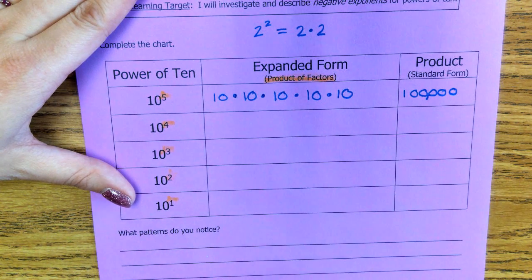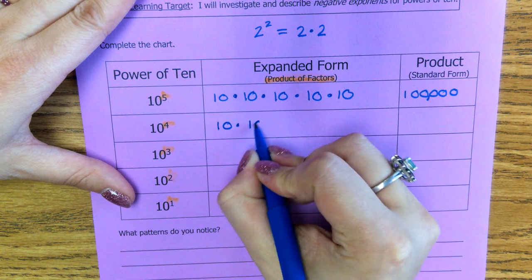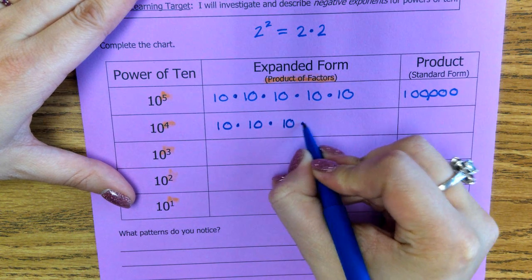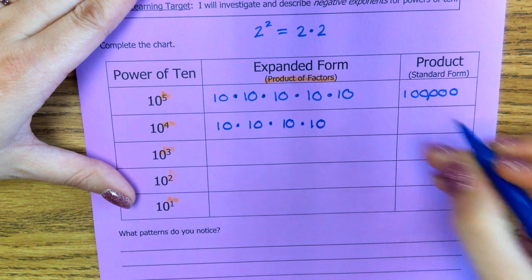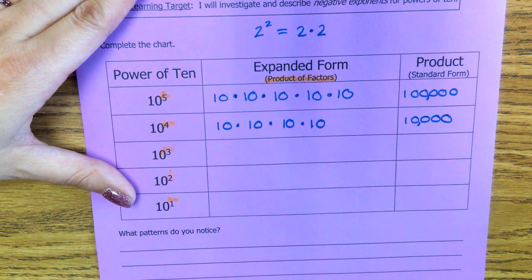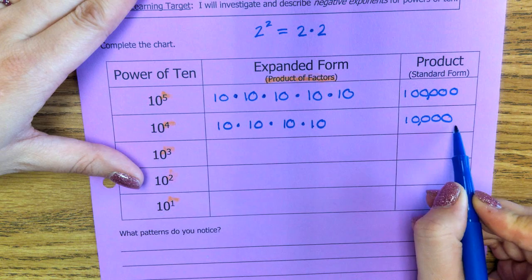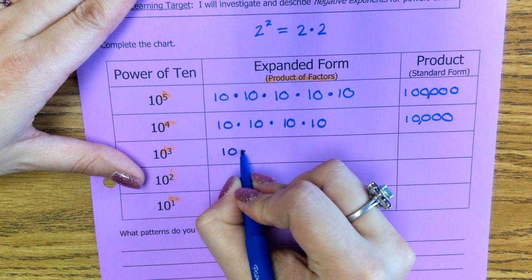Keep that in mind as we do the next one. 10 to the 4th. So this time I need 4 10s. And when I write this one, it's 10,000. Again, exponent of 4, 4 10s, 4 zeros. Let's do 3.